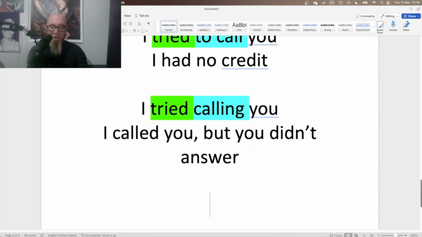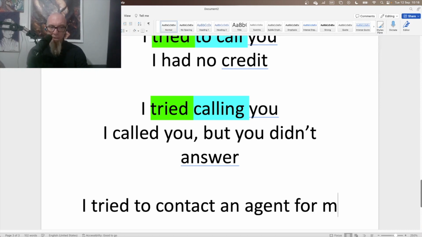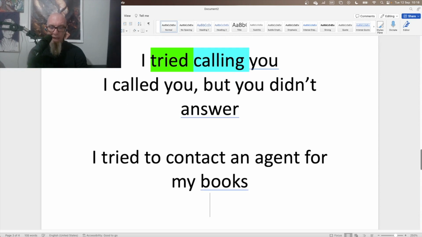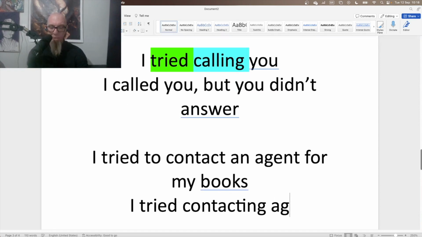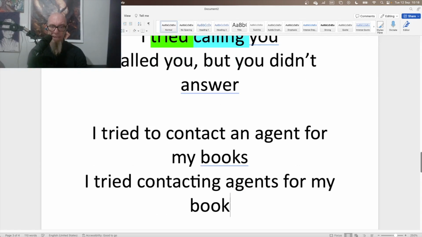So we could say as well, like, I tried to contact an agent for my books, or we can say I tried contacting agents. Let's personalize this. So if I tried to contact an agent, it means I didn't complete this action.